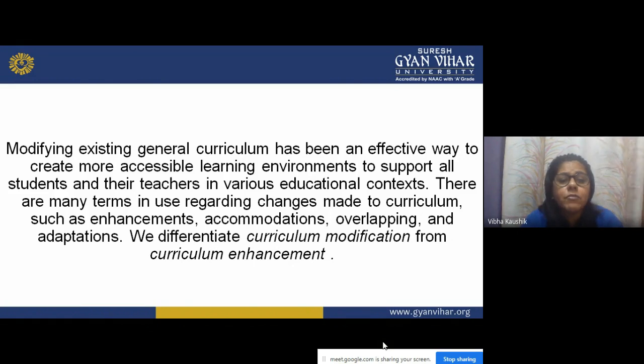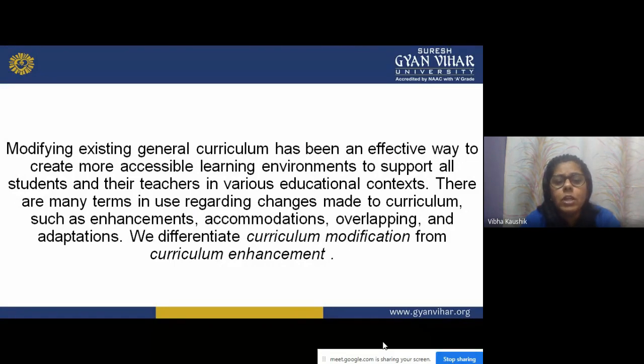This is an effective way to create a more accessible learning environment that supports both the teachers and the learners in various educational contexts.